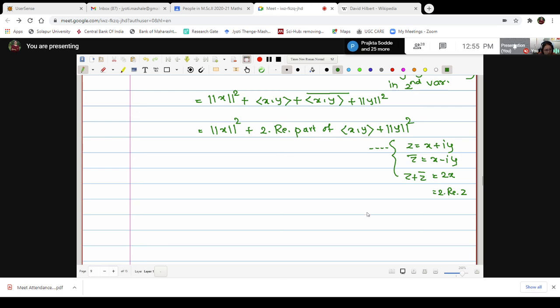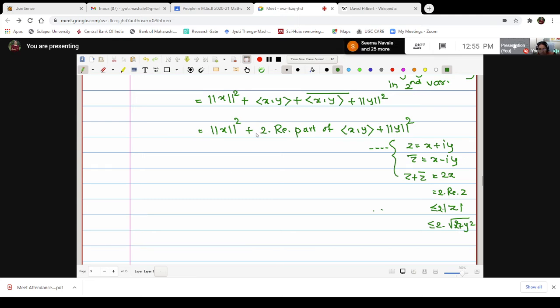Right? Now next step I want to use here. This 2x is always less than or equal to 2 times mod z. Why? Because mod z is square root of x square plus y square, and to the left we have 2x only. Therefore, depending upon y being 0 or non-zero, this quantity will be greater than or equal to 2x.